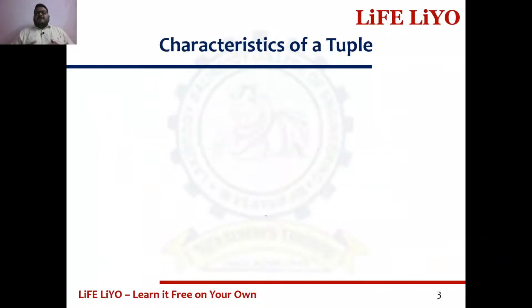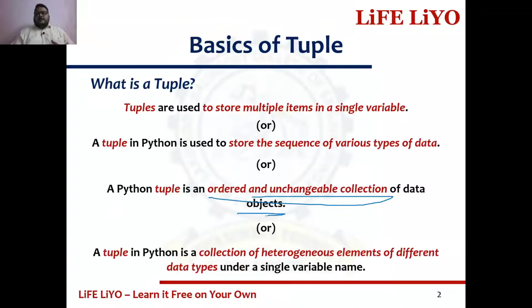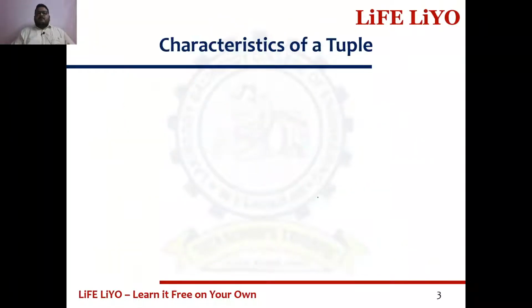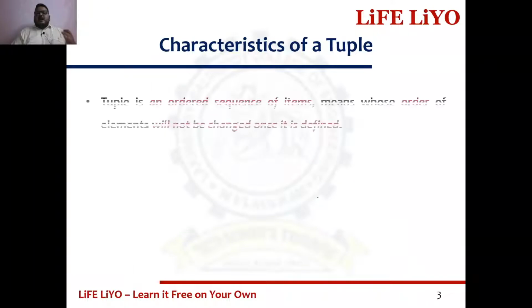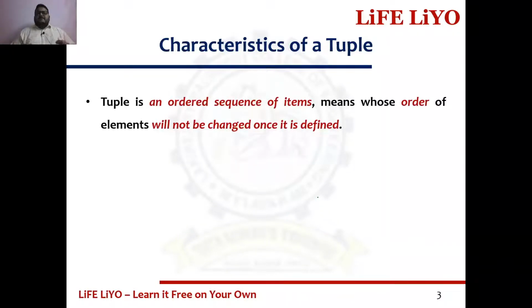Now, what are the characteristics of a tuple? Here we have seen that a Python tuple is an ordered, unchangeable collection. These two are the most important properties of a tuple. What do we call ordered? Whenever we say something is ordered, the elements will not change once defined.